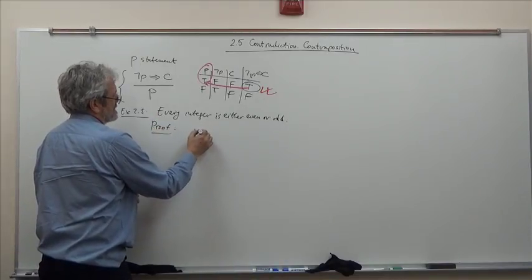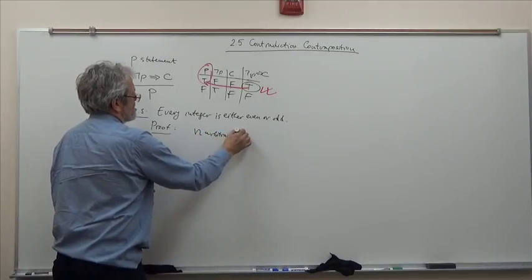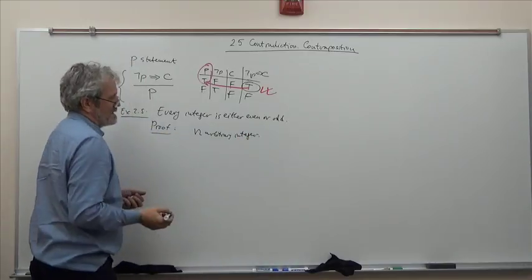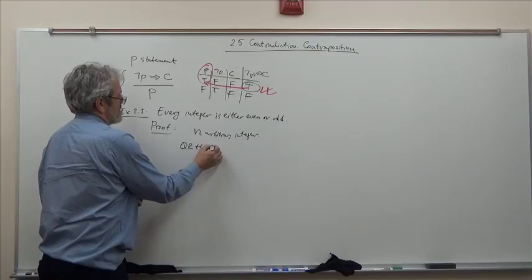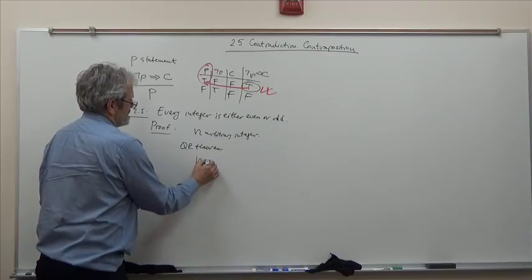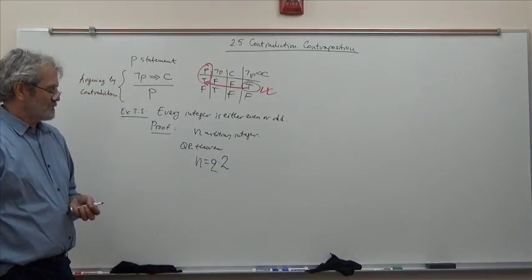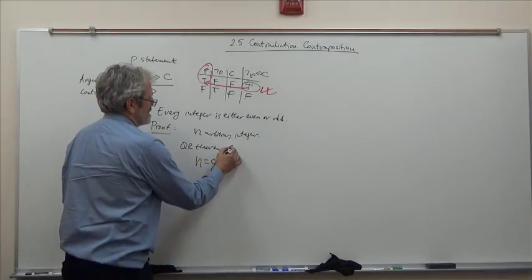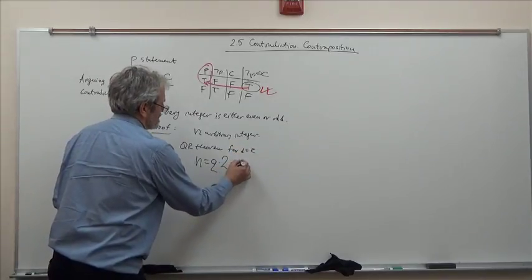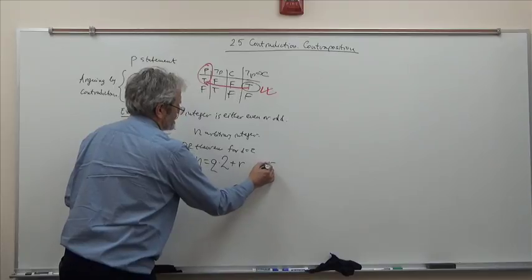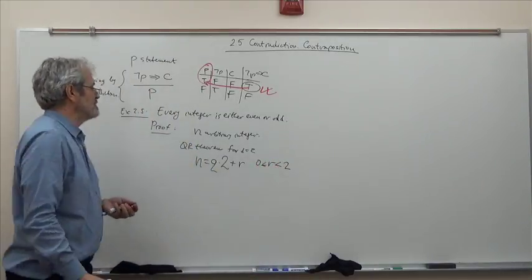Take n an arbitrary integer. And then we use the quotient remainder theorem. For d equals 2, n equals q times 2 plus r, where r is greater than or equal to 0 and less than 2.